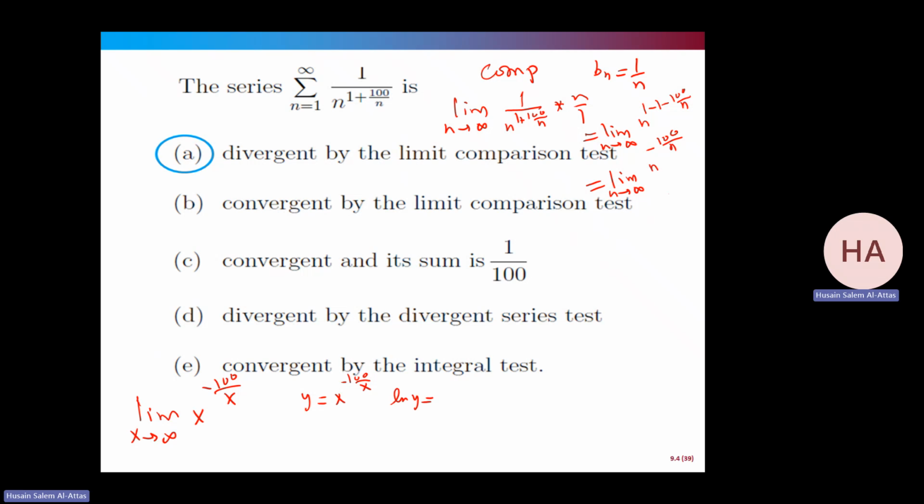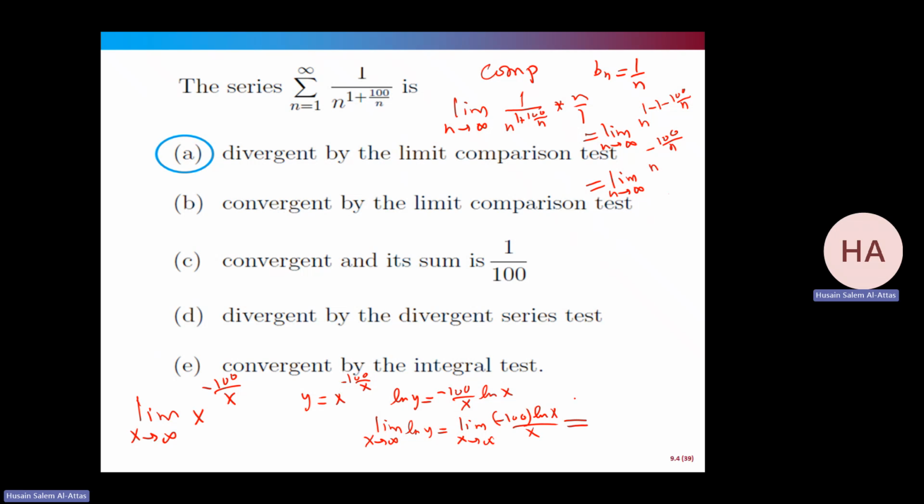That gives me minus 100 over x times ln x. So the limit as x goes to infinity of ln y is the limit of minus 100 ln x over x.